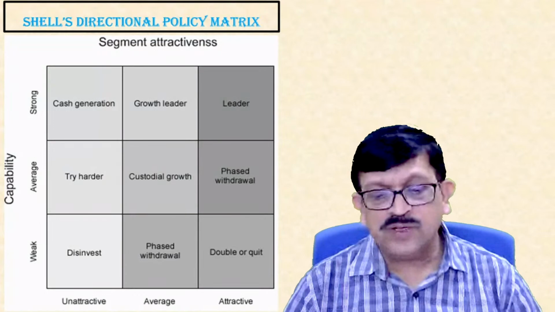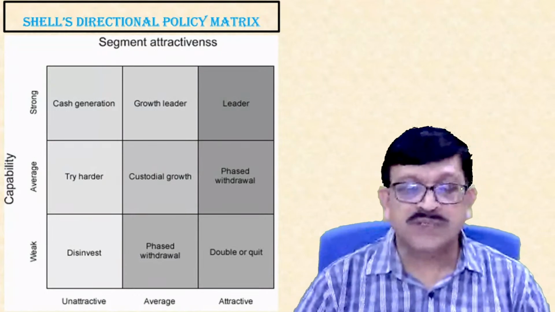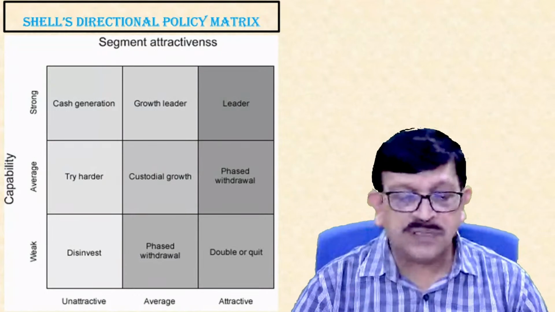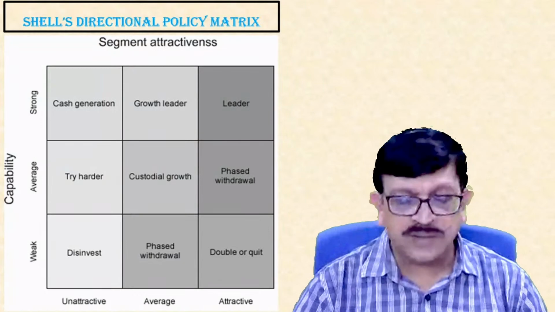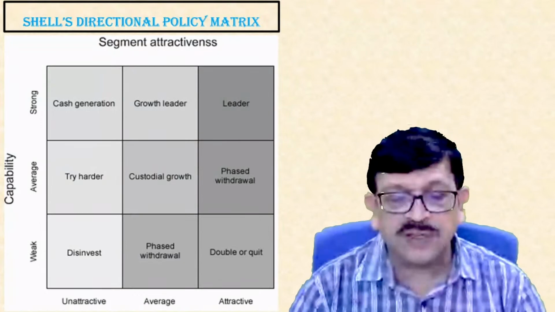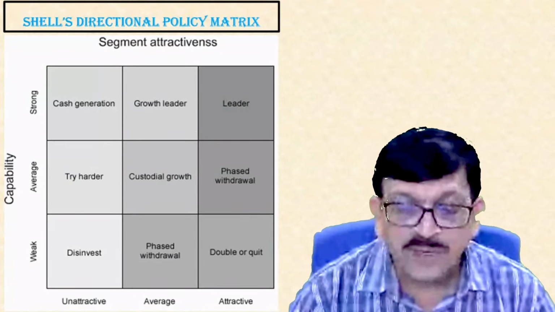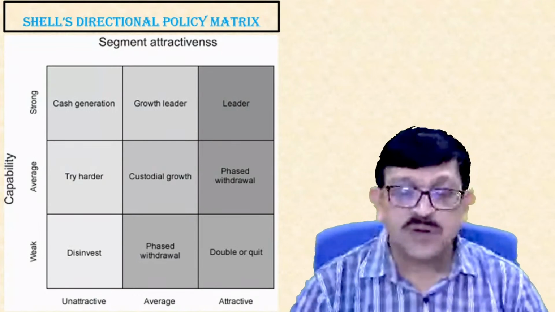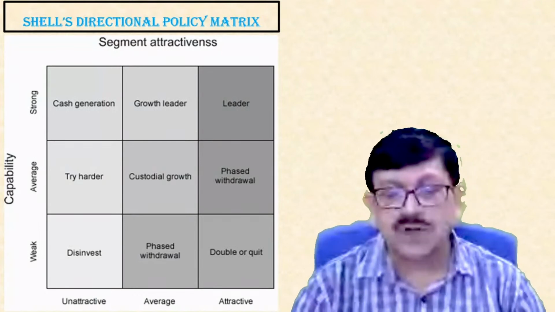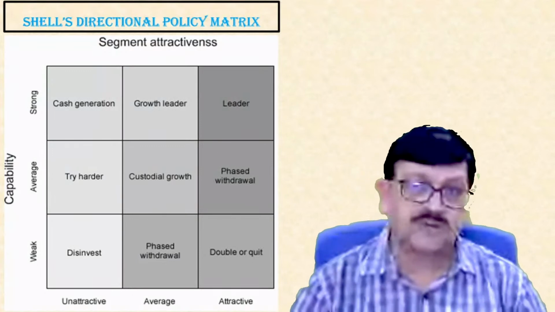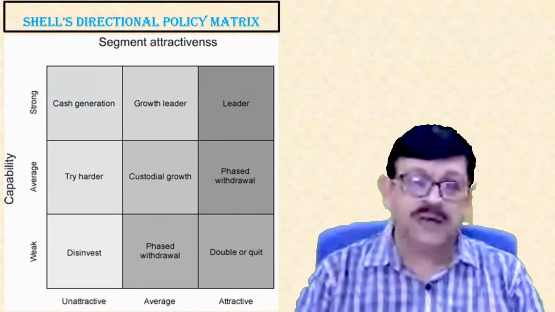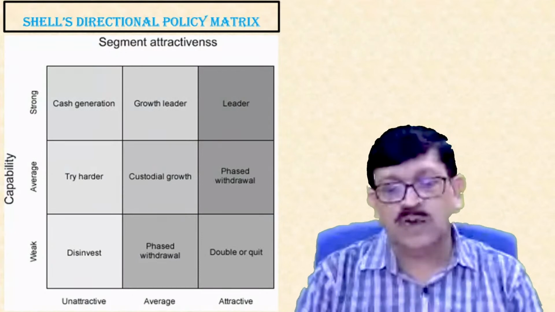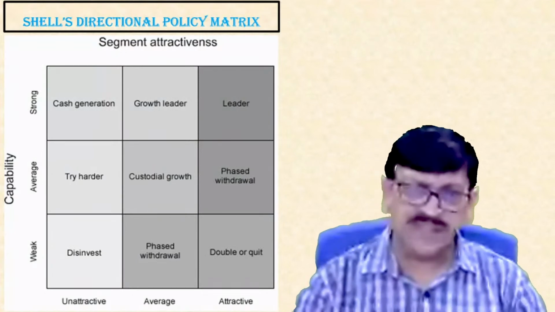We also should understand, at a strategic business unit level, how this matrix helps us in directional policy. So what is a strategic business unit? They have some common segments and competitors, so they cater to the market exclusively. They have their own way of learning the system.